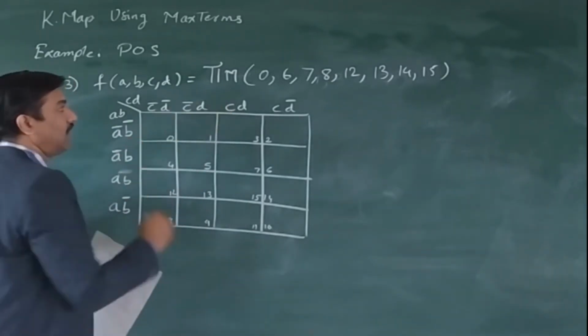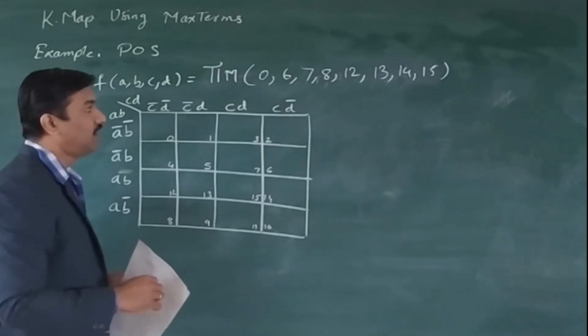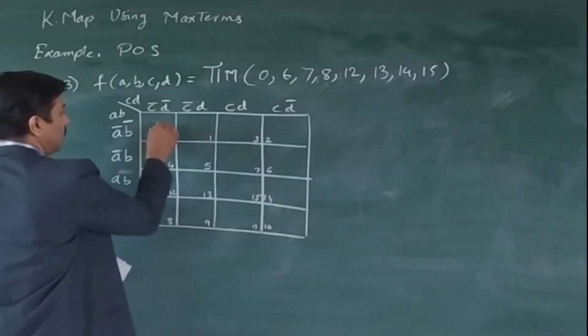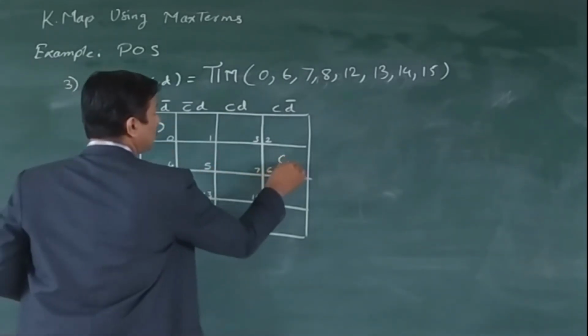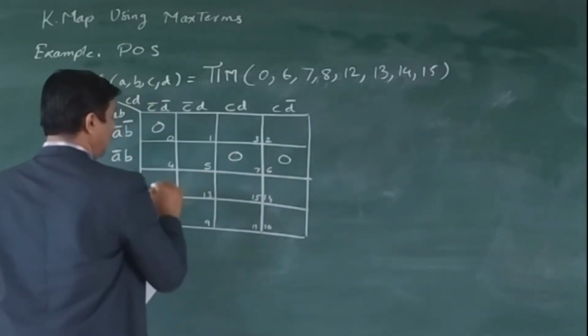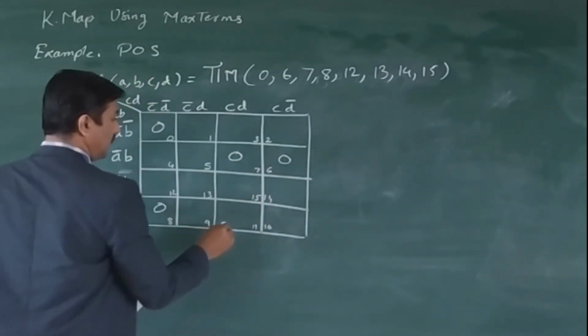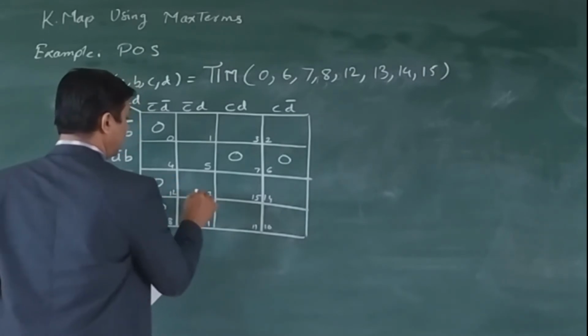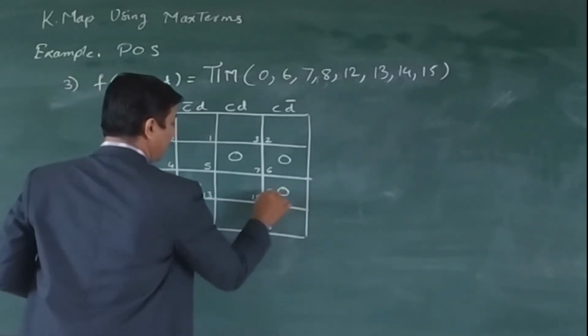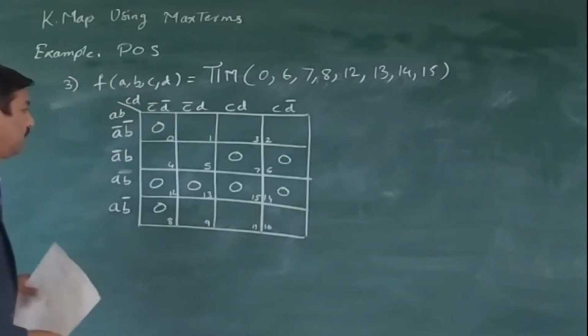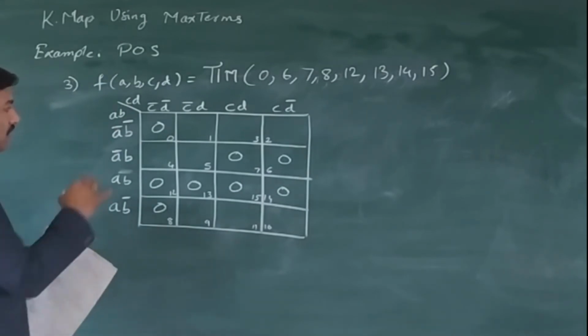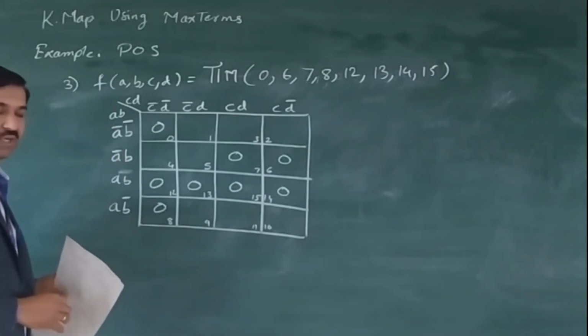The max terms present are 0, 6, 7, 8, 12, 13, 14 and 15. So we are going to represent those max terms in those respective cells.